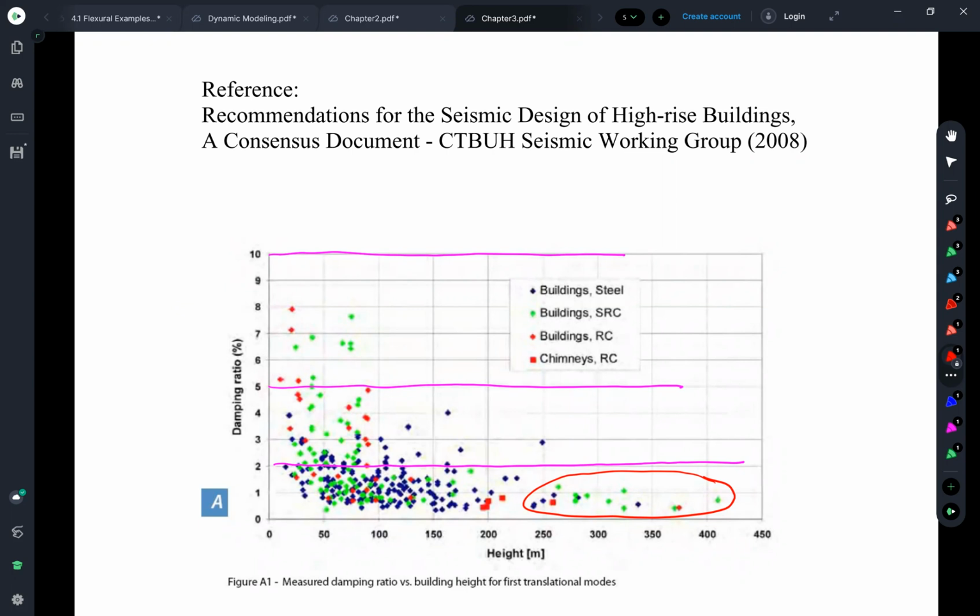So we can expect some cracks, some damage in the buildings under the earthquake. And because of those cracks, which might spread out in the whole building or in some lower floors of the building, the damping is increased. You can expect 5% as it's recommended by the design code.